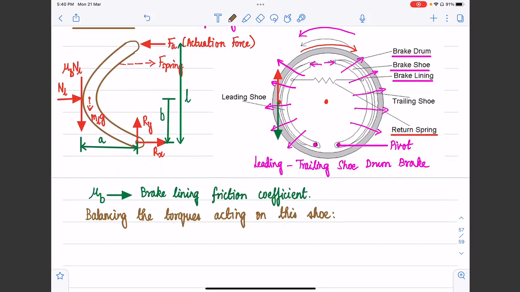About the pivot, if you can observe, we have F_a times h as one counterclockwise moment. F_a times h is the moment due to the actuation force. Then we have mu_b times N_L times a, which is the moment due to the frictional force mu N_L.